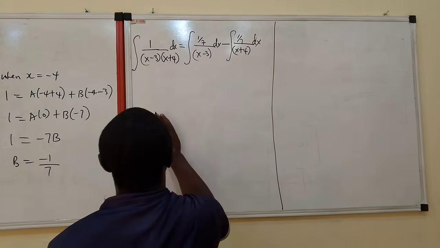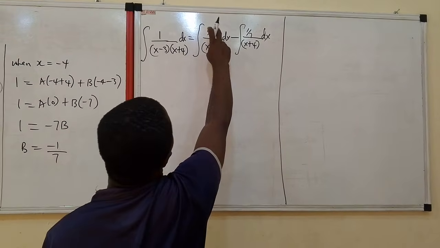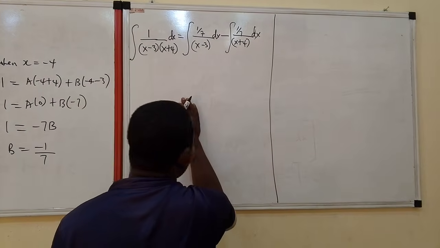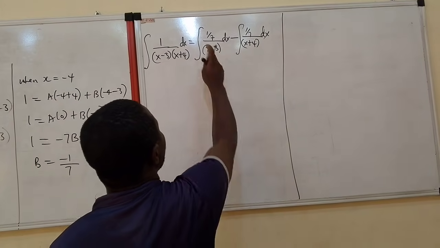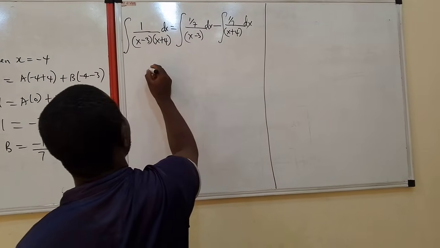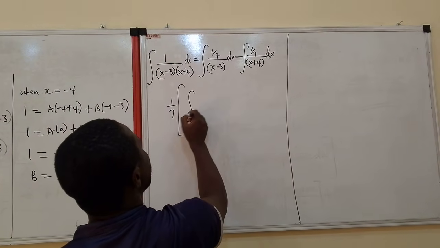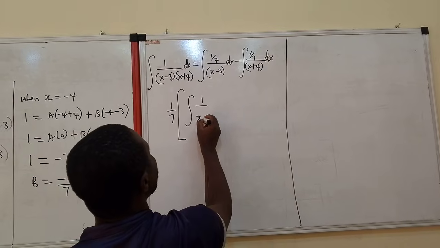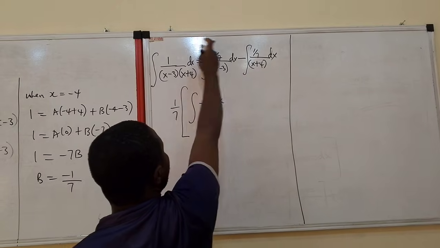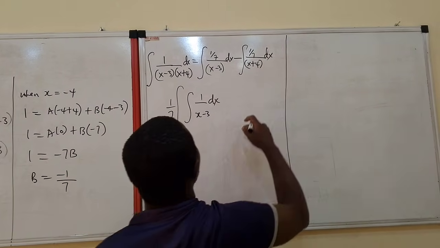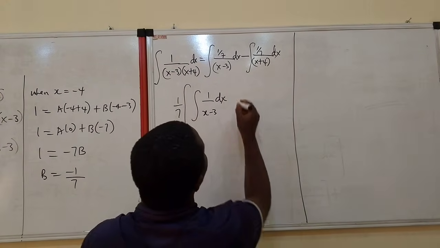I can factor out 1 over 7. 1 over 7 is something that is common to this and this, so I can bring it out. So I bring out 1 over 7 from this and this. This is what I'll get: 1 over 7 into brackets, the integral of 1 over x minus 3 dx. Remember, I brought out 1 over 7, then I'll put a bracket, and I write this part without the 1 over 7.